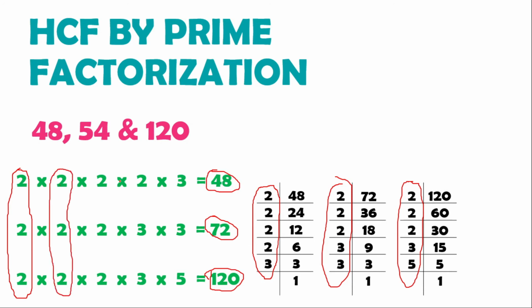Again 2 is repeating in these three also. So now we have found three 2s, and let us check for another 2. But now we can't take 2 because there is only one 2. If we want to take a common factor, we must have it in all 3 numbers.